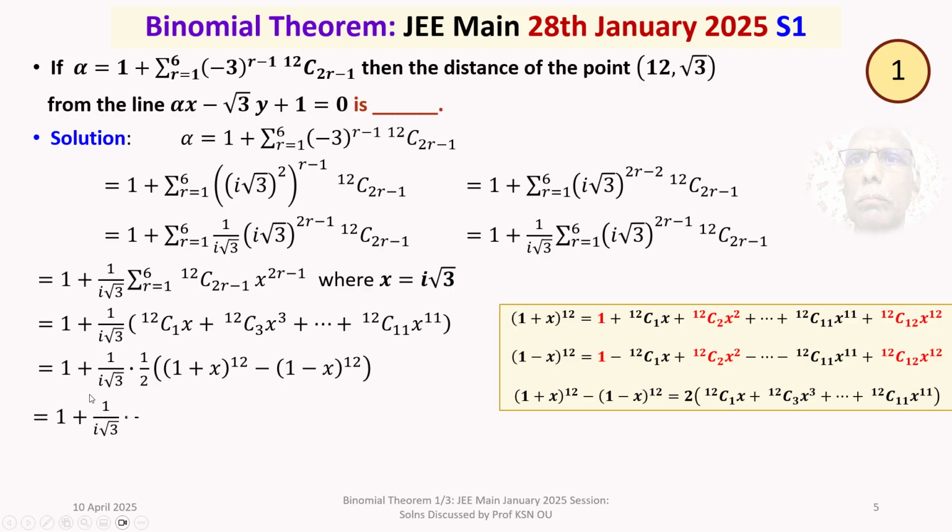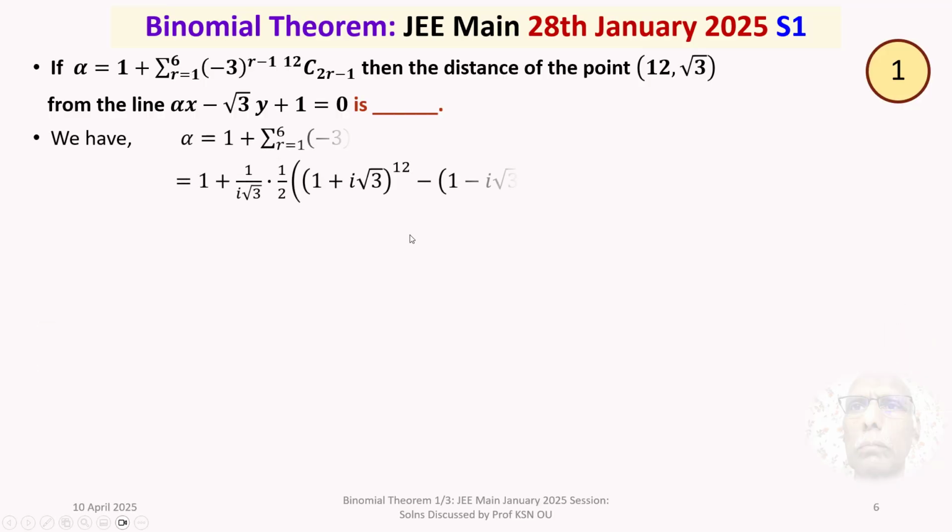So now this is equal to 1 plus 1 by i root 3 into 1 by 2, yes, 1 by 2 is there, into (1 plus i root 3) to the power of 12 minus (1 minus i root 3) to the power of 12, where for x you substitute i root 3. The presence of this 1 plus i root 3 and 1 minus i root 3 will suggest to you that somewhere the cube roots of unity are working out. So that we do in the next slide.